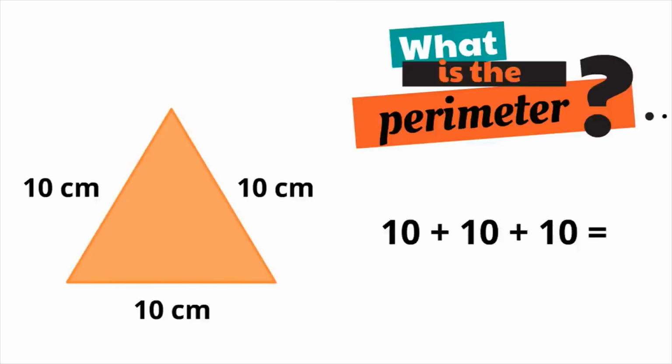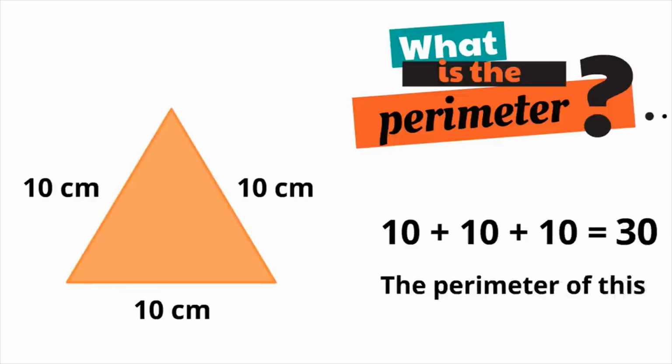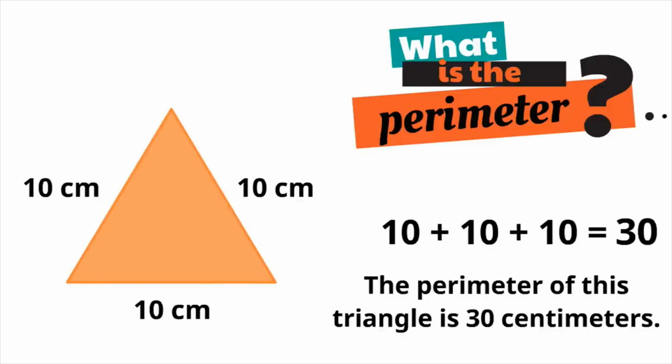That's 3 tens. What does that equal? Yeah, 30. Awesome. The perimeter of this triangle is 30 centimeters. Remember, cm is an abbreviation for centimeters.